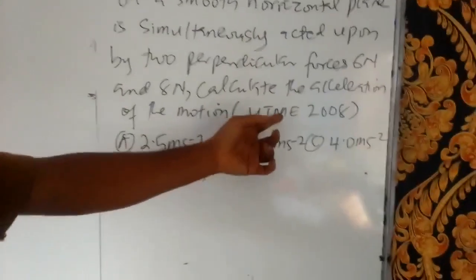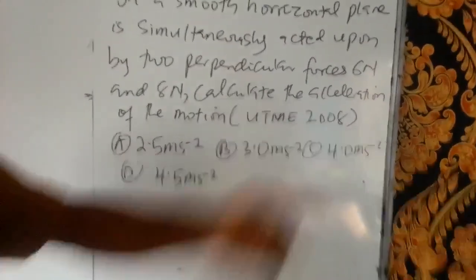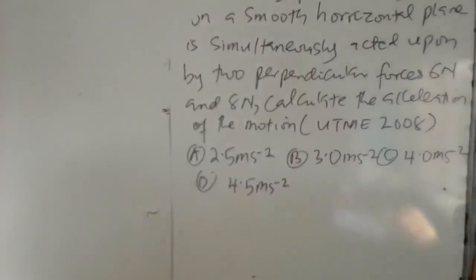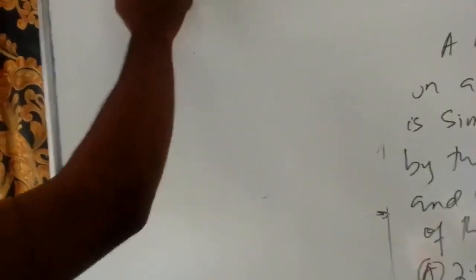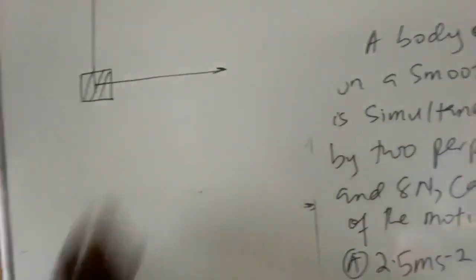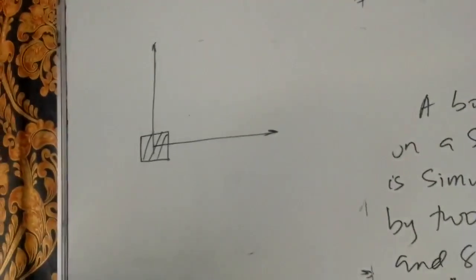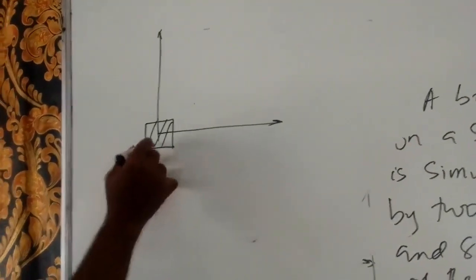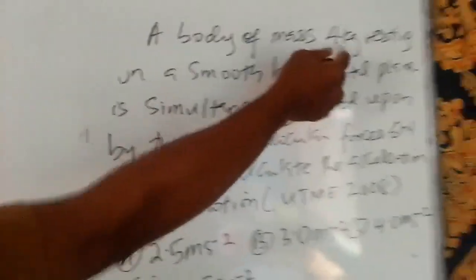This is a UTME question, 2008. Now, for us to solve this problem, let's assume that this is the body. Two forces are acting on it, and those two forces are mutually perpendicular, acting at 90 degrees. And the mass of the body, from the question, is 4 kg.